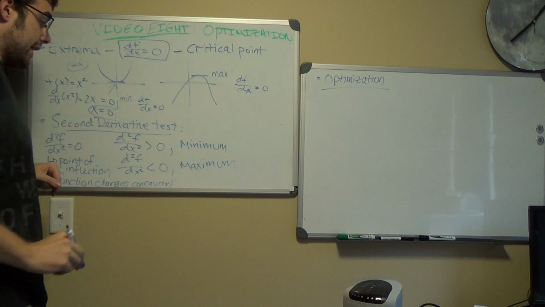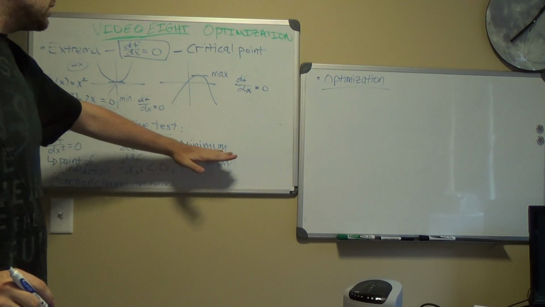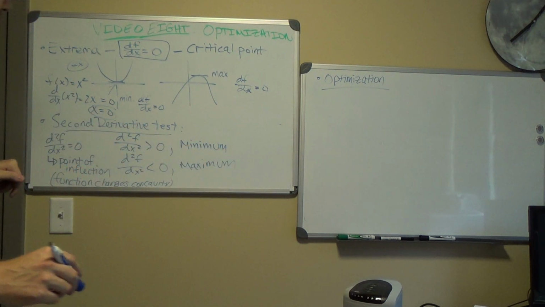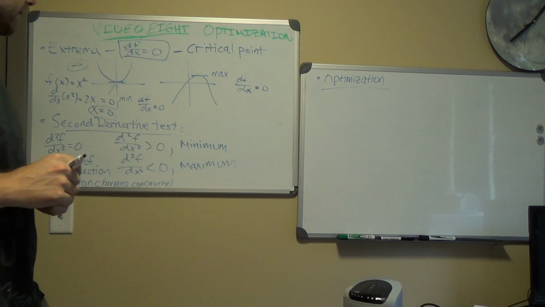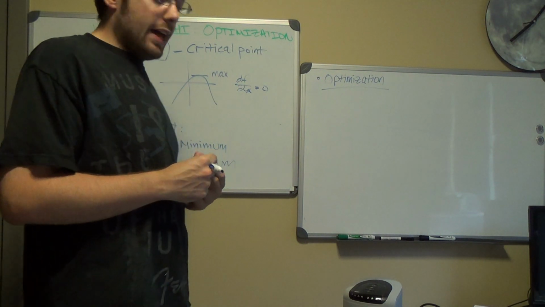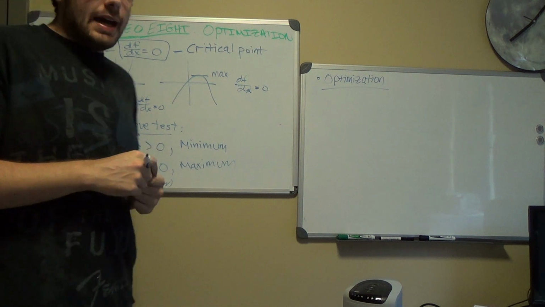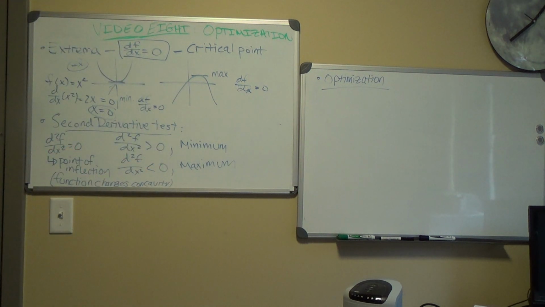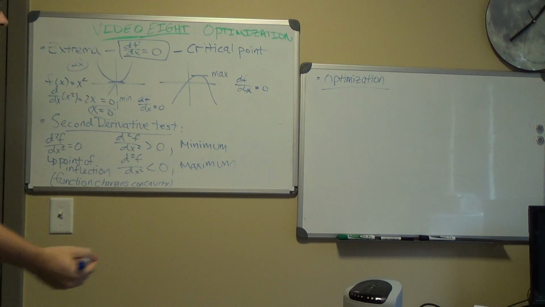If the second derivative at the critical point is greater than 0, it's a minimum, and if it is less than 0, then it is a maximum. And if it's equal to 0, it's a point of inflection.